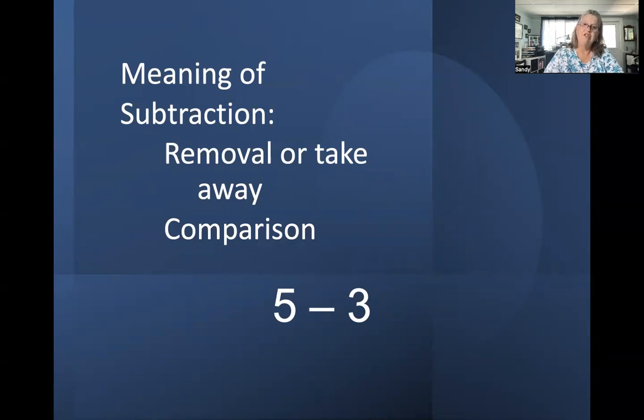So what we want to do is read these symbols using that type of language so that we're building the language of word problems when children are doing those computation problems. So I might read this as 5 remove 3, 5 take away 3. How many more than 3 is 5, or how many fewer than 5 is 3?